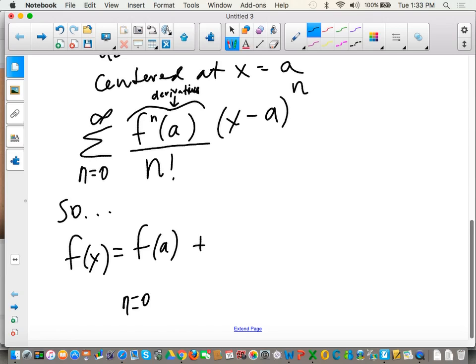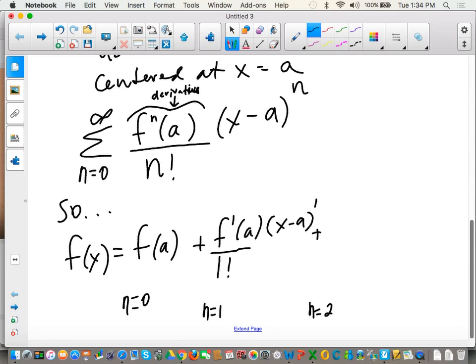Plus, now we're going to let n equal 1. So now we want to find the first derivative, f prime of a, divided by 1 factorial times x minus a to the first. Of course, 1 factorial is still 1, and x minus a to the first would just be x minus a. Now we're going to let n equal 2.